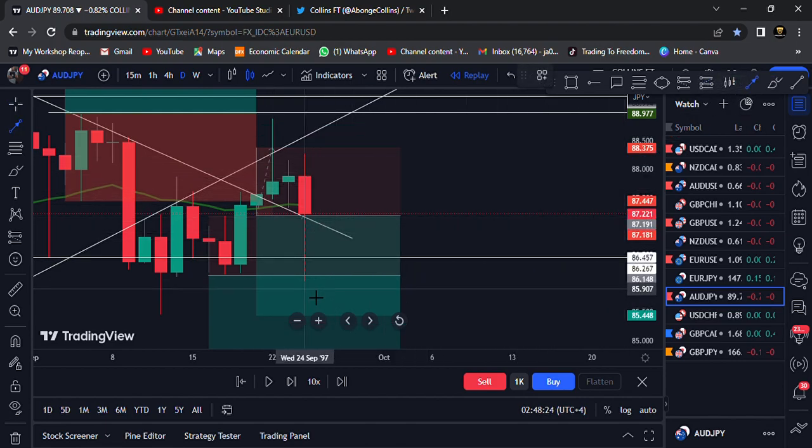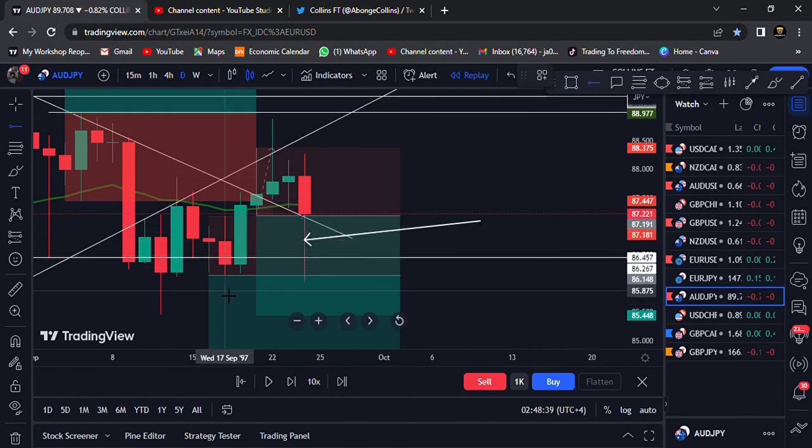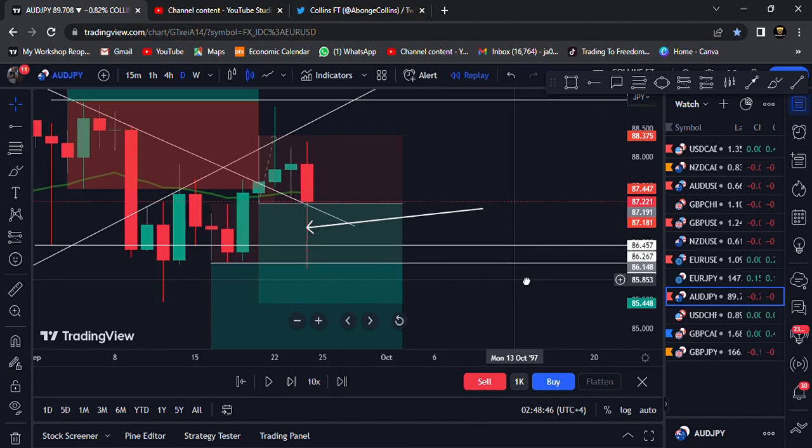Yeah, so it triggered, hit our first take profit, which was this one. This is actually our first take profit, which is here, guys.